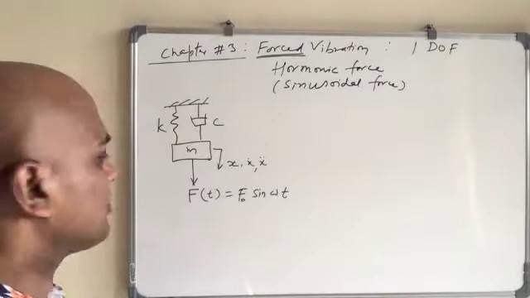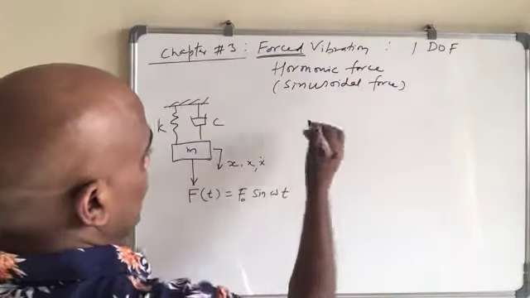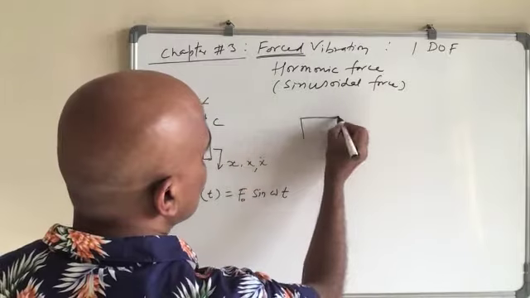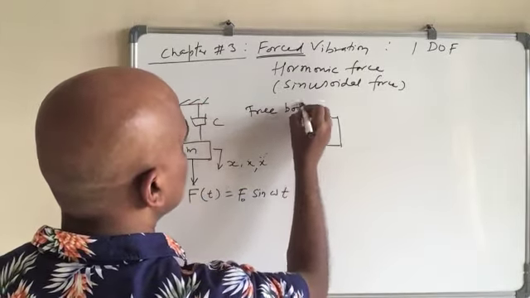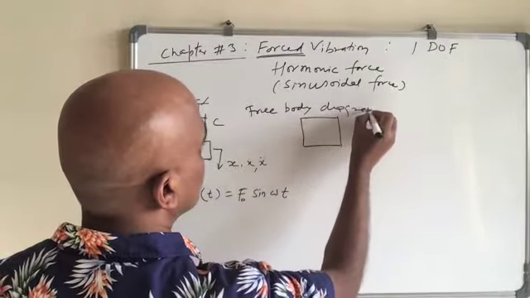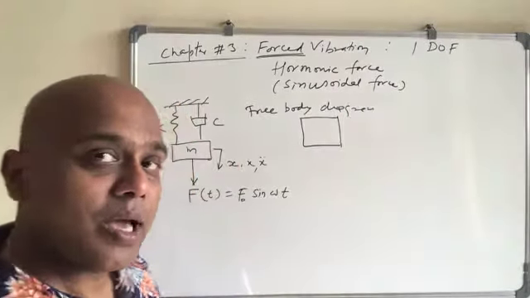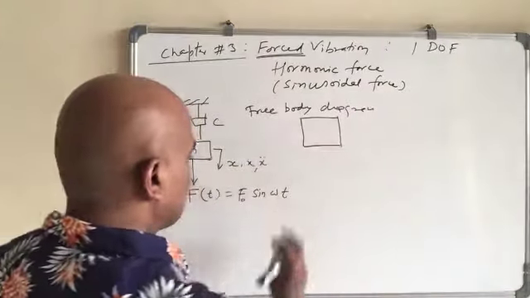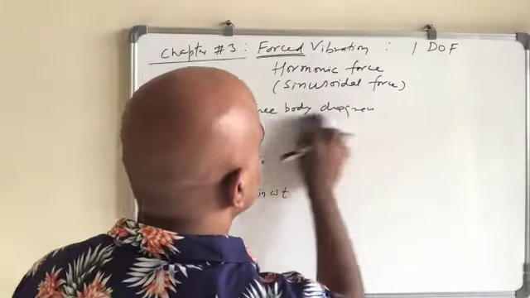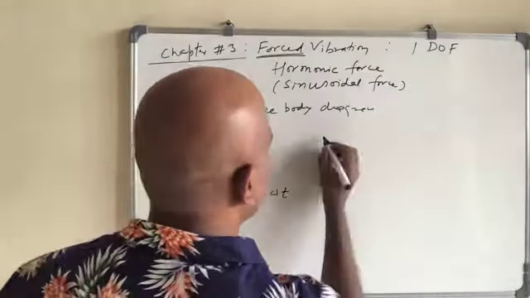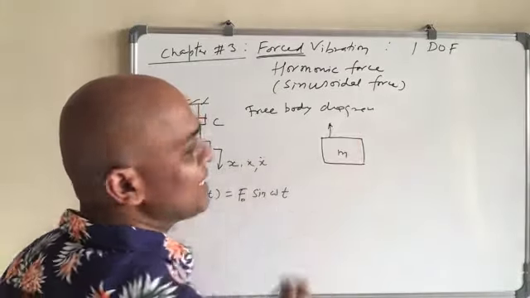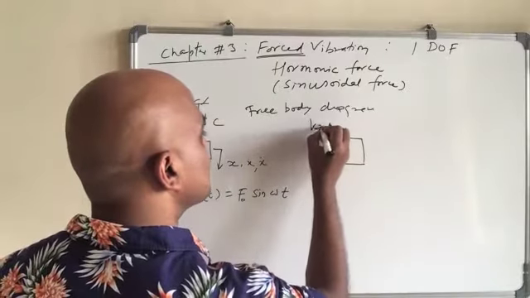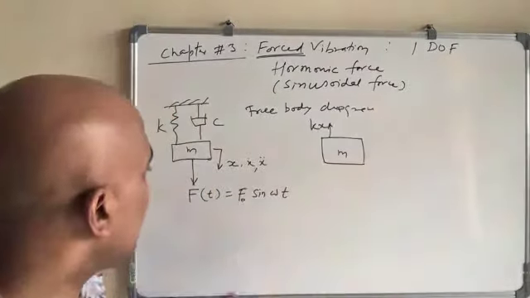Now we have to draw the free body diagram. We have a mass m, and the displacement is x, hence the spring will be stretched, so the force will be upward, kx.